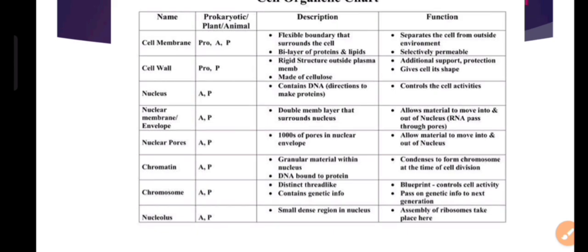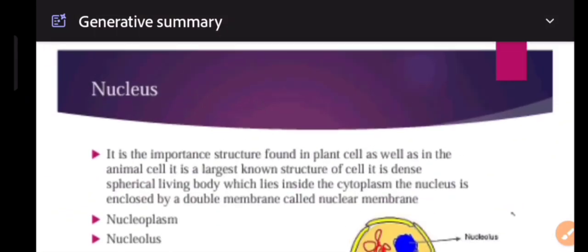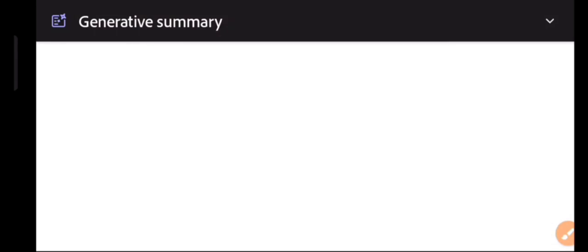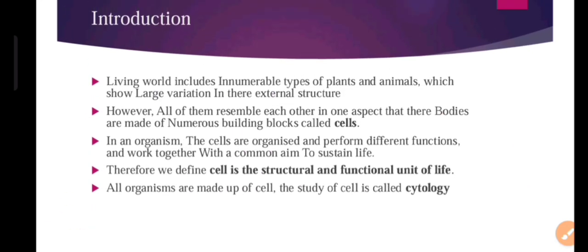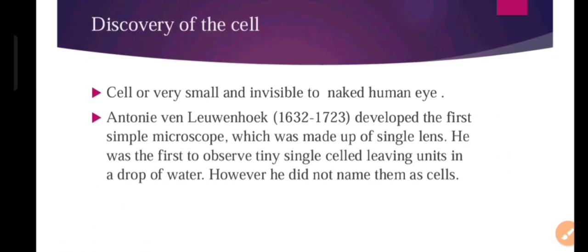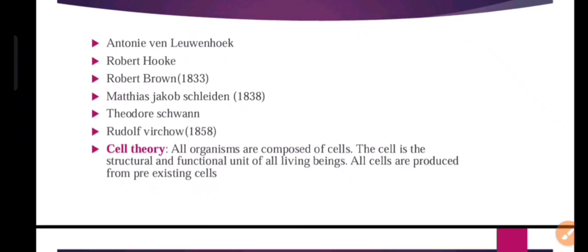So this is all about this class. Let's recall what we studied in this session. First we studied the introductory part of the cell. The cell is the basic structural and functional unit of life. Those involved in the discovery were Anton van Leeuwenhoek and Robert Hooke, who first coined the term cell, then Robert Brown, and Jacob, Theodor Schwann and Rudolph.